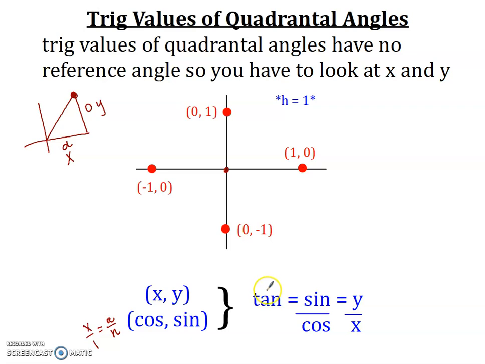And to find tangent, if you remember from your trig identities, tangent is sine over cosine. Sine is y, cosine is x. Tangent is not adjacent over opposite, it is opposite over adjacent. So opposite always goes with y, adjacent always goes with x.